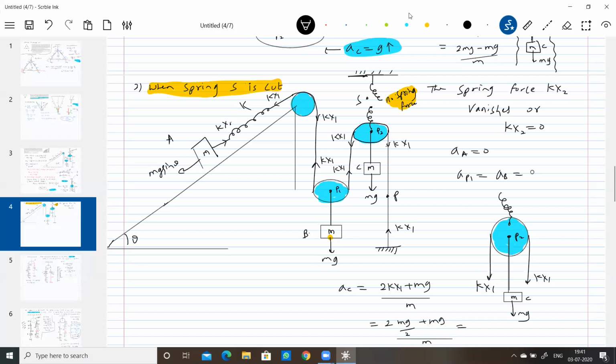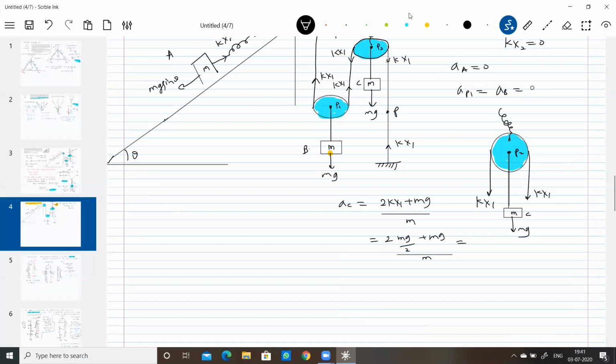Total acceleration of block C should be equal to how much finally? 2g, sir. 2g, it should be downward. So what are our answers? Acceleration of pulley P2 or this one, both are the same.